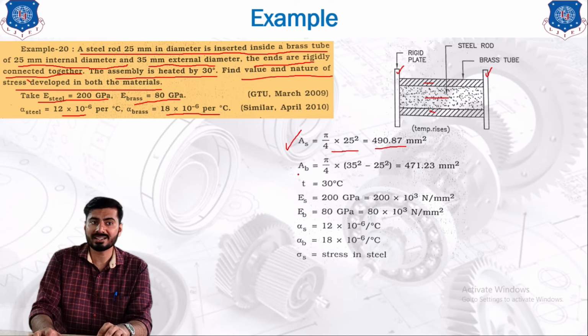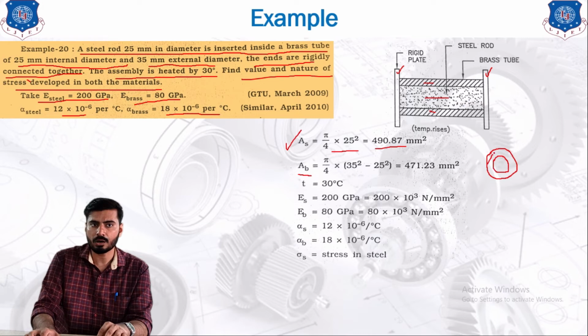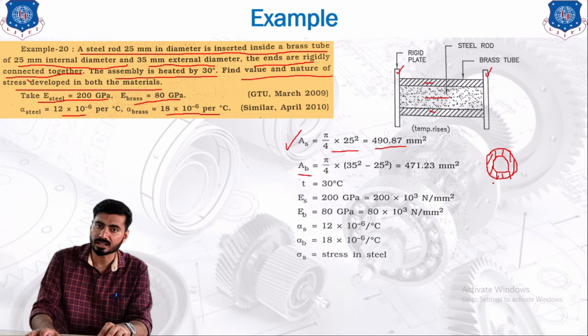If you want to calculate the area of brass, then the brass tube will look like this from the side view, and we need to calculate the area of this ring only. To calculate the area of this ring, we subtract the inner circle from the outer circle.